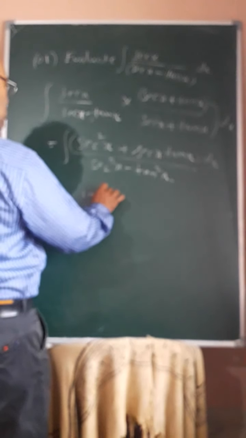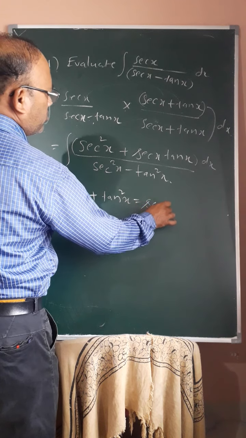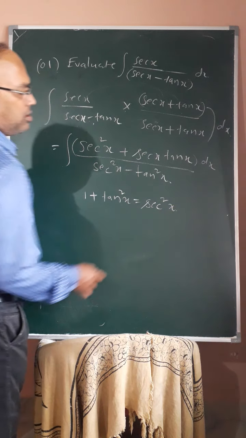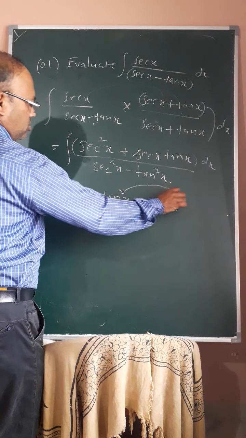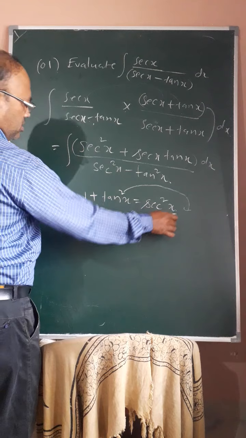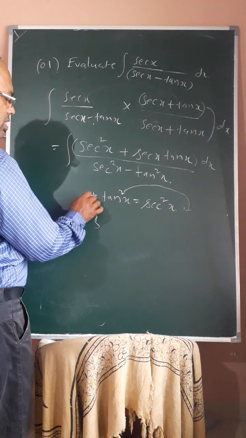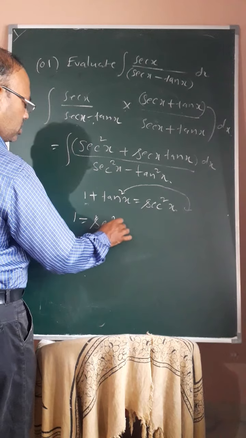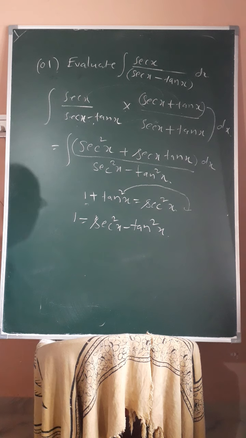So we know one trigonometric identity, that is 1 plus tan square x is equal to secant square x. Now transfer tan square x to this side, plus will become minus, that is 1 is equal to secant square x minus tan square x.